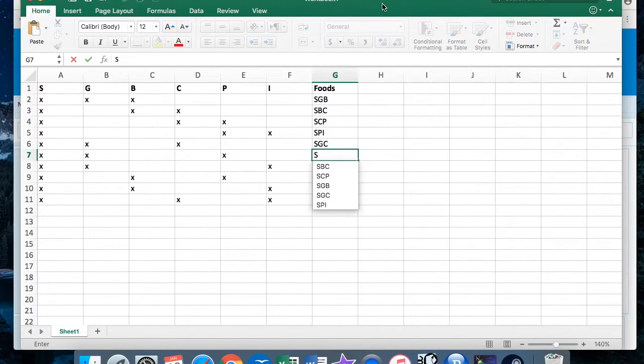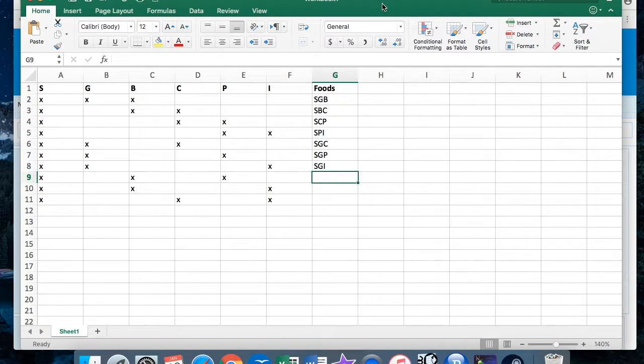S, G, P, and then S, G, I, S, B, P, and then S, B, I. I mean, you can see this is a pretty annoying process. S, P, I or S, C, I, and then that's it for my S's.